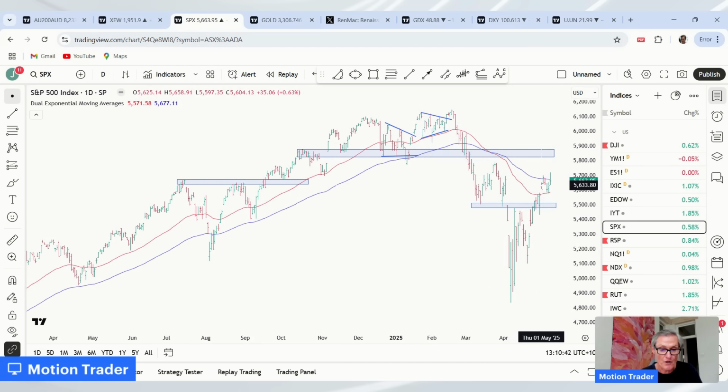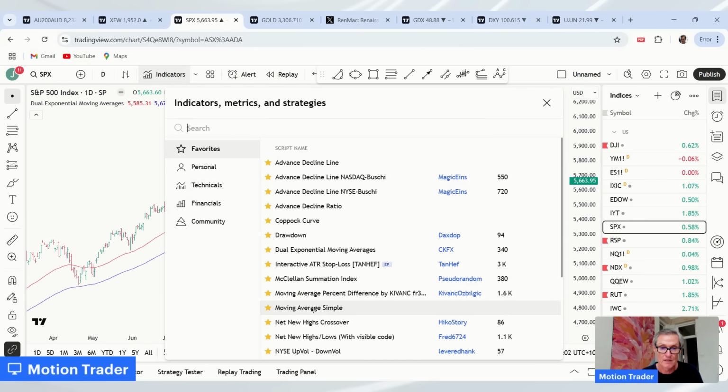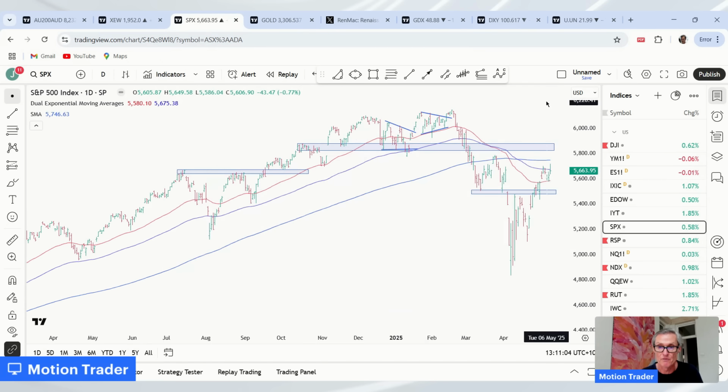So this is where it gets interesting in the near term. This rally takes the S&P 500 back to the 100-day moving average, and just above there is the 200-day moving average. Let me quickly put that on. I'm going to put on a simple 200-day moving average.